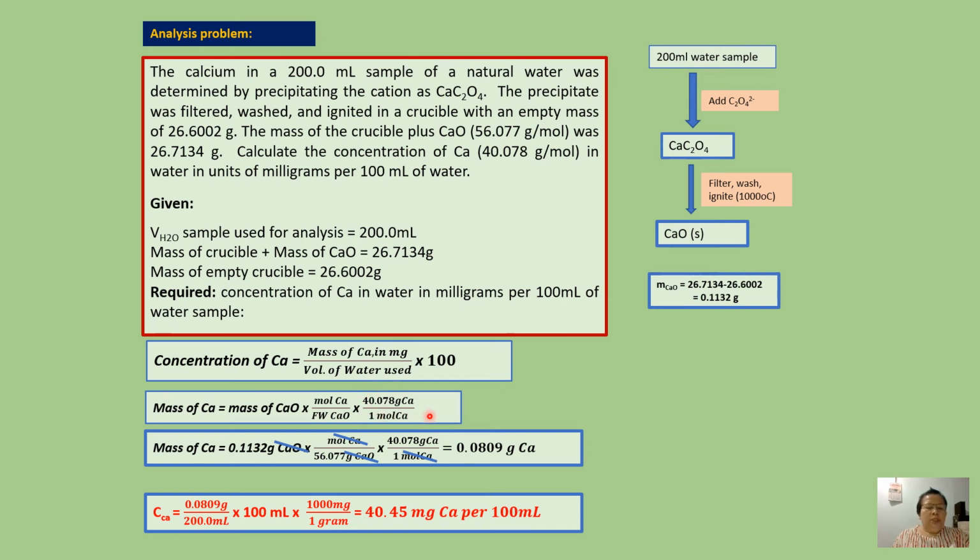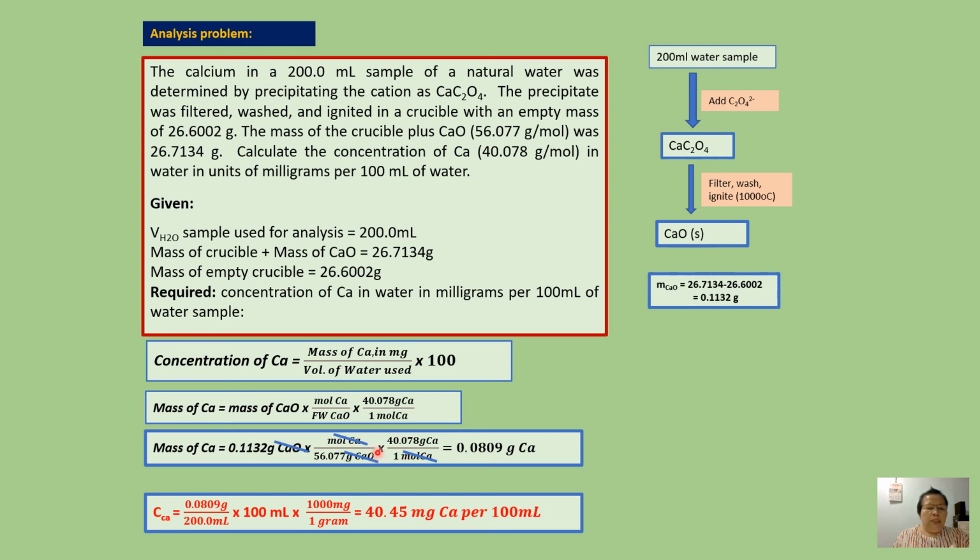Now substitute the value. The mass of calcium oxide is 0.1132 grams times 1 mole of calcium per 1 mole of calcium oxide, but this 1 mole of calcium oxide is equal to 56.077 grams calcium oxide.